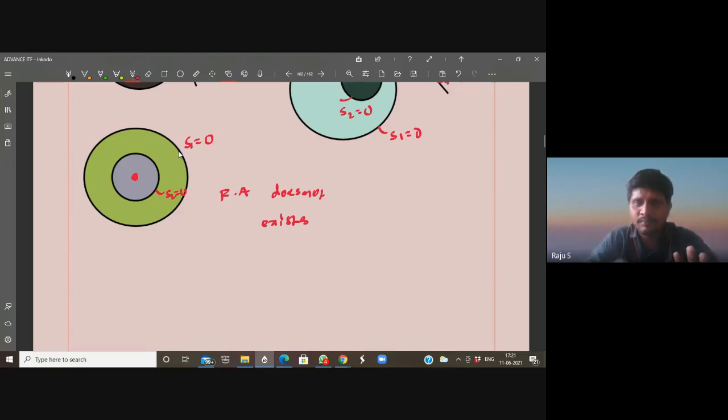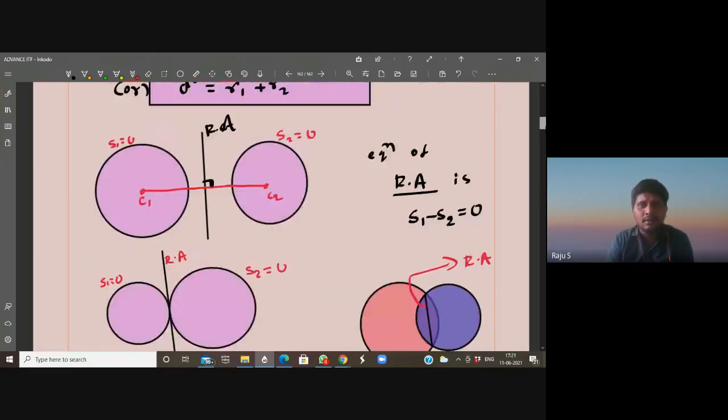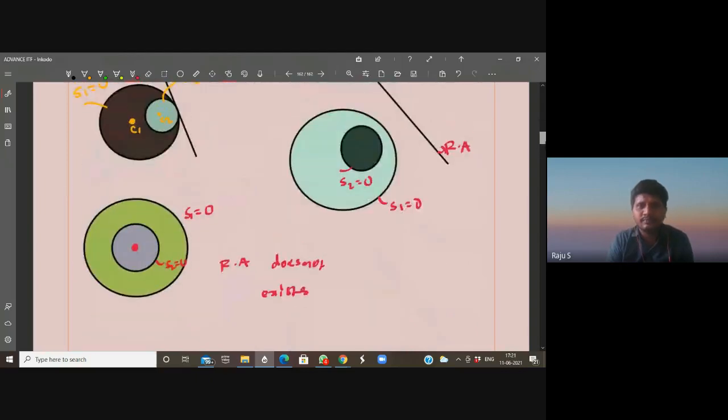Is it clear? The center will be the same. When the center is the same, how can you draw a line between the two circles? It's not possible. So remember these cases. These are the properties of the radical axis.